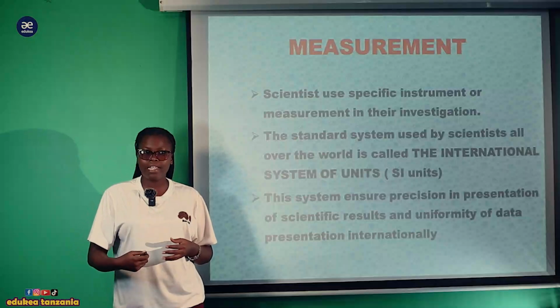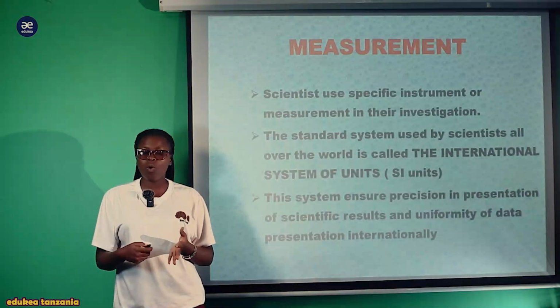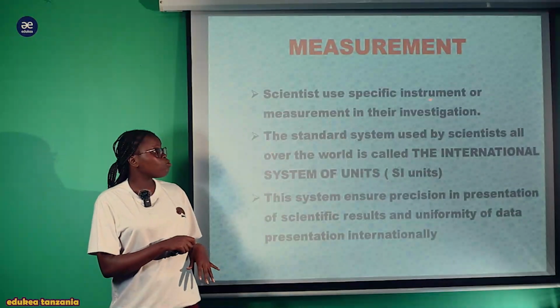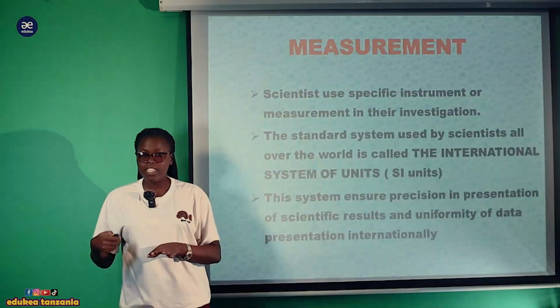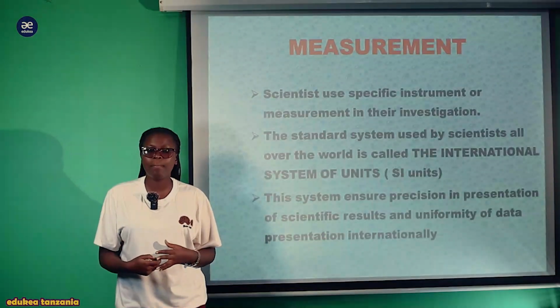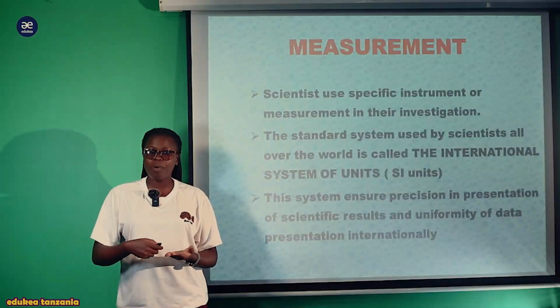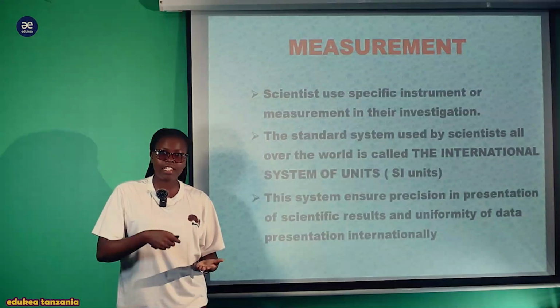Lazima uwe na kipimo fulani katika uchunguzi wa kisayansi. Huwezi ukasema tu kwamba uzito wa jiwe ni 5 kg in case hujatumia kifaa ambacho kimekubalika kuweza kupima na kuthibitisha kwamba kweli uzito wa jiwe fulani ni 5 kg au uzito wa kuku ni 2 kg.